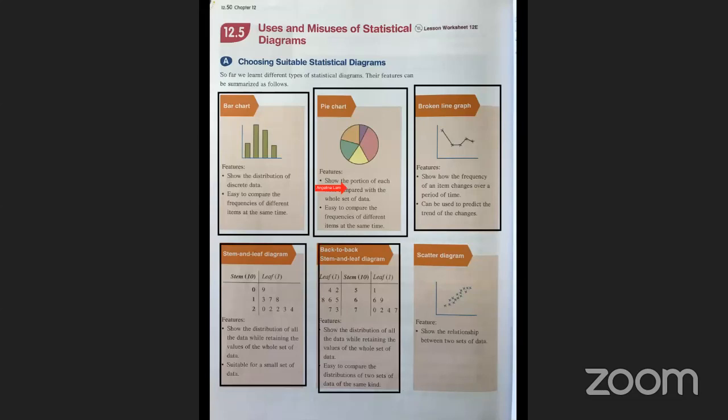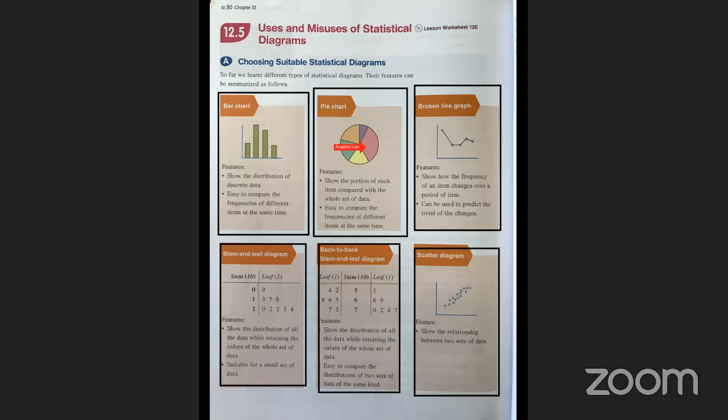In this case, we use a pie chart. It is also quite easy to compare the frequency of different items. When you look at it, for example, this one has a bigger part, then you can know that the portion of this one is much bigger, or in this case, it is the largest one.